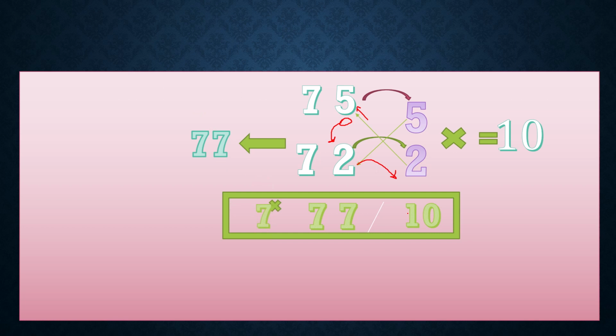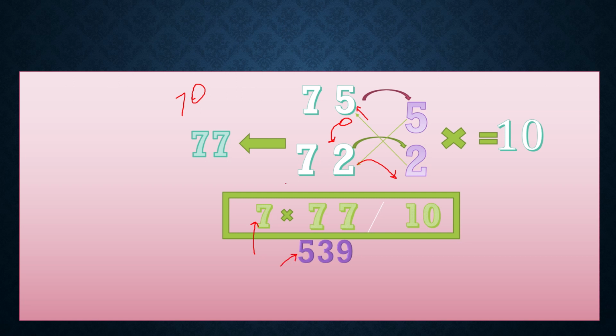Now, as we take 70 as a base, we multiply by 7. After multiplying this, we get 539.